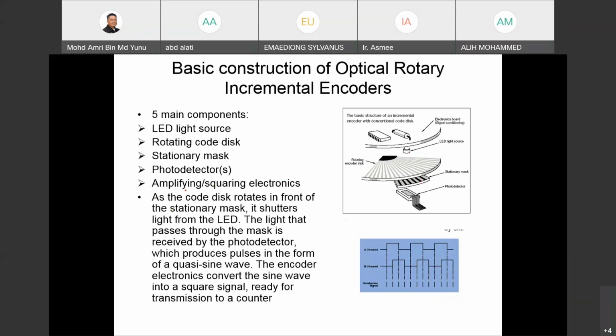The purpose of the amplifying or squaring electronics is to make sure the output is nicely in the form of pulses.